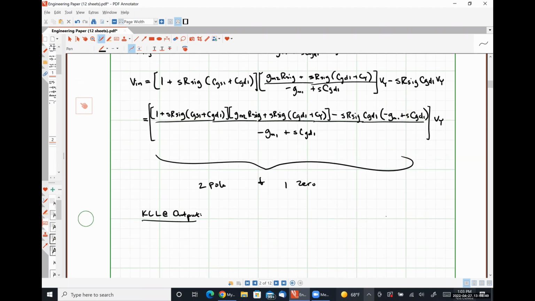So KCL at the output node should look like S C out V out plus V out over RD minus GM2 VY is equal to 0.